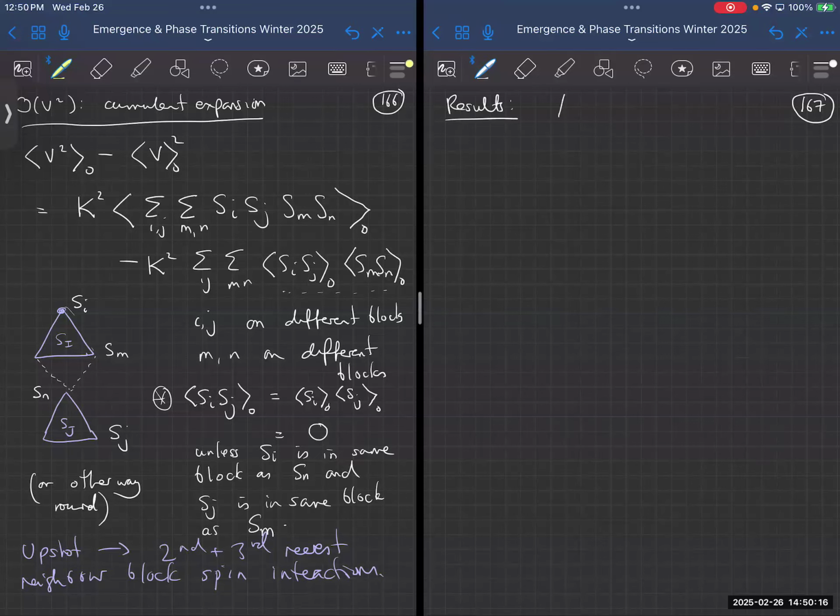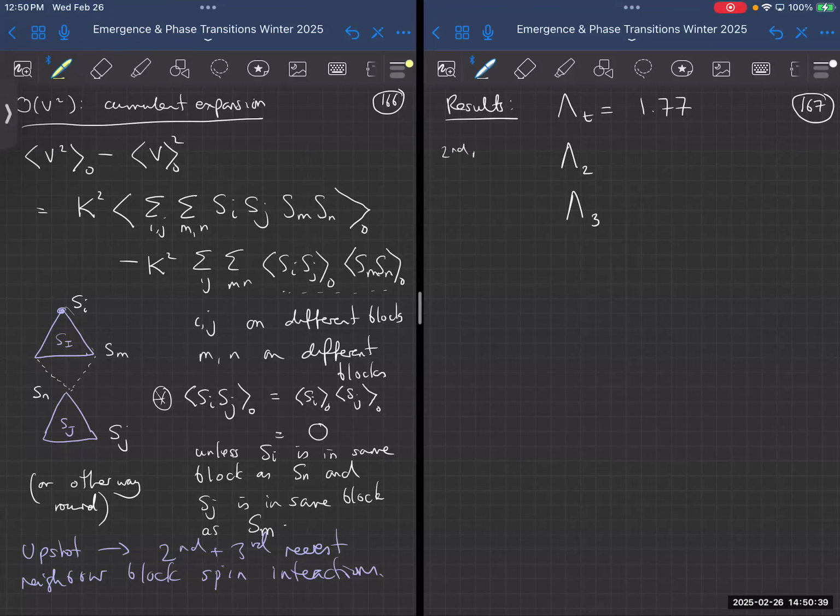This time I get that lambda t, the thermal eigenvalue, is 1.77. But now I've generated a lambda 2 and a lambda 3. These are eigenvalues that correspond to second nearest neighbor and third nearest neighbor interactions.